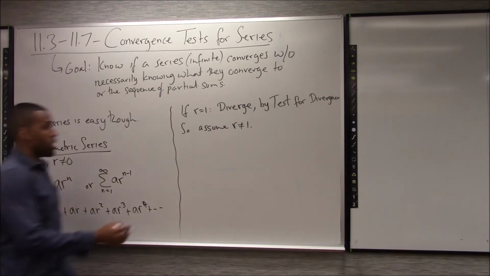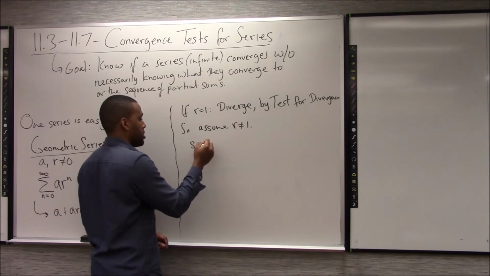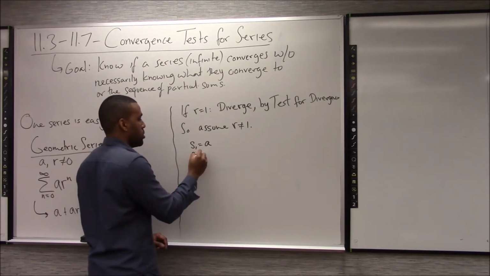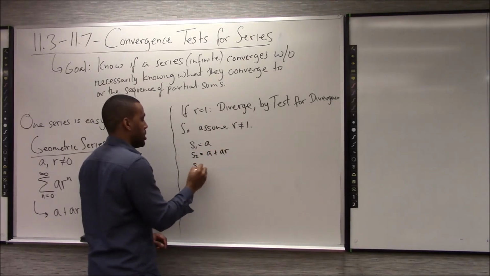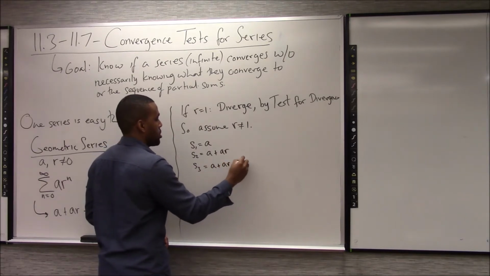It turns out we can write, you'll notice that if I look at S1, I can look at that as, say, a, and S2 would be a plus ar, S3 would be a plus ar plus ar squared.